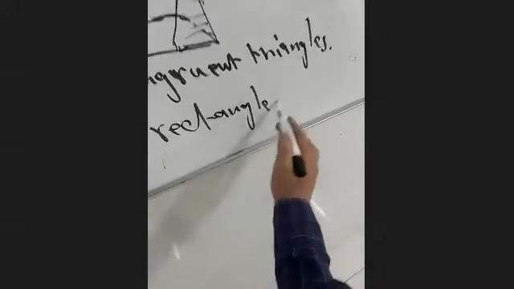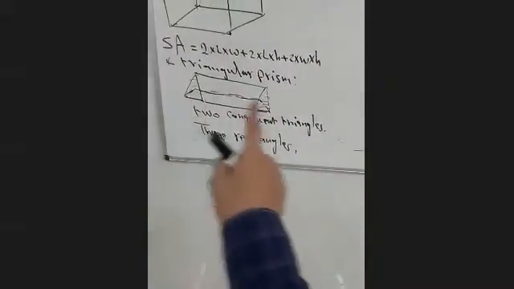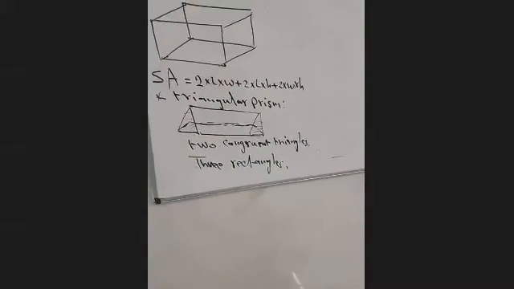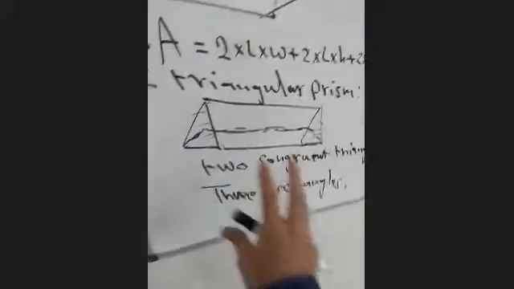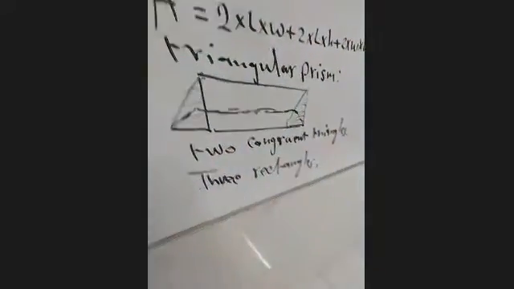Now to find the surface area of the triangular prism, we need to find 5 areas.